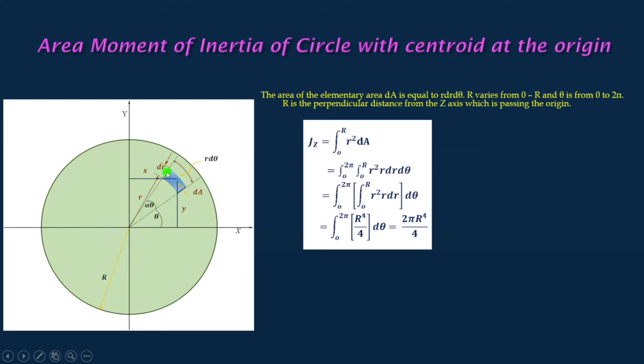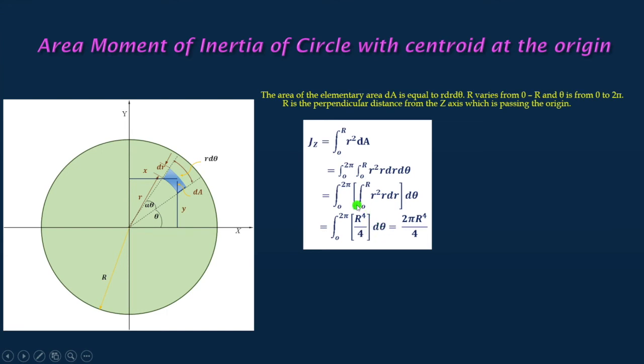Whereas for r, when the elementary area is at the center, r equals 0, and at the edge r equals capital R. So the limit of r is 0 to R. You can integrate either one first, so let's integrate with respect to r first. It is r square into r, meaning r cube dr. Substituting that and putting in the limits, we get r to the power 4 by 4.